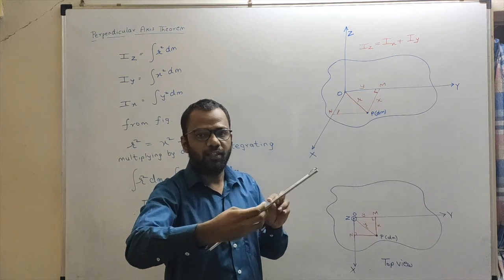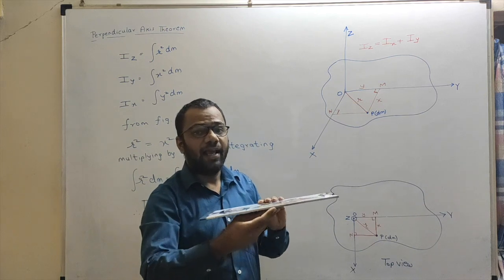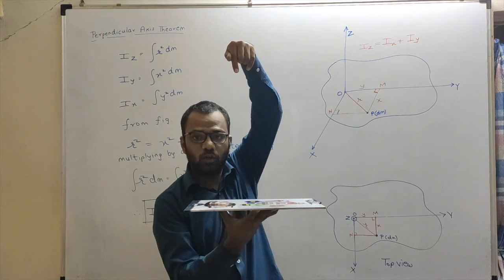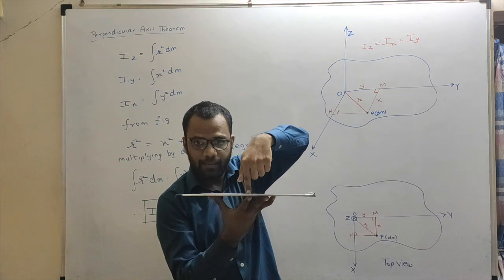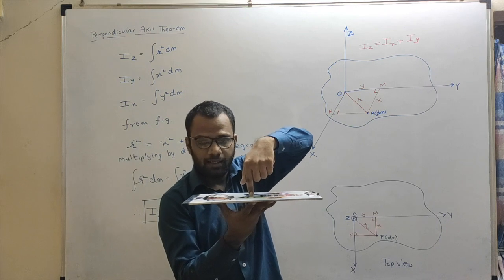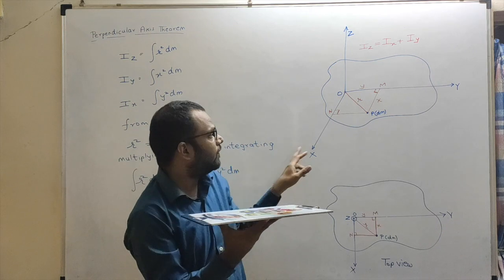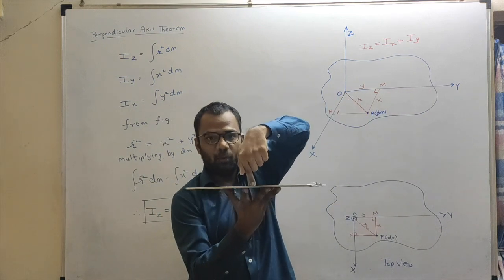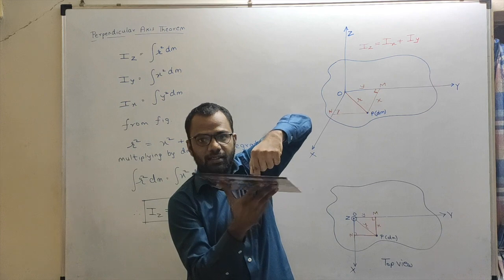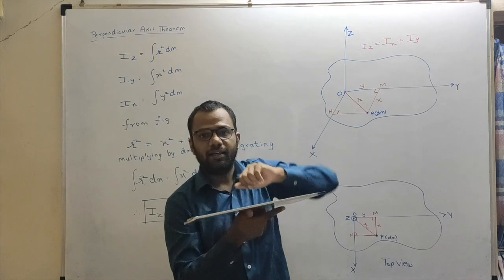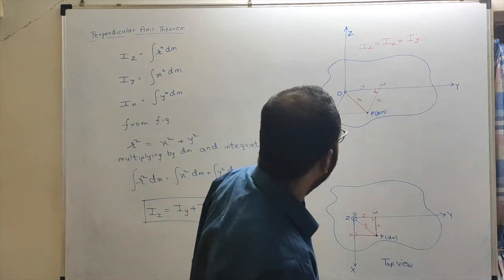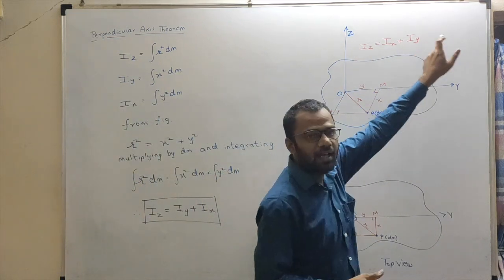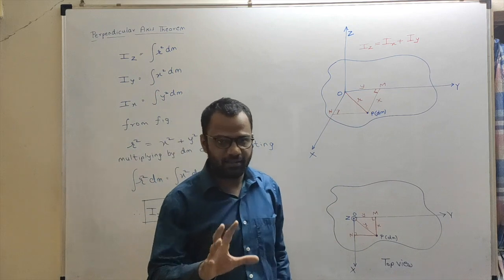So let us call the moment of inertia about that axis Ix. And I will have one more axis that is perpendicular to this plane lamina, passing through the point of intersection of this x and y axis, that is this point O. And if the body rotates about this axis, the moment of inertia will be Iz. So now there is a relation between this Iz, Ix and Iy, and that relation is Iz is equal to Ix plus Iy. This is nothing but perpendicular axis theorem.